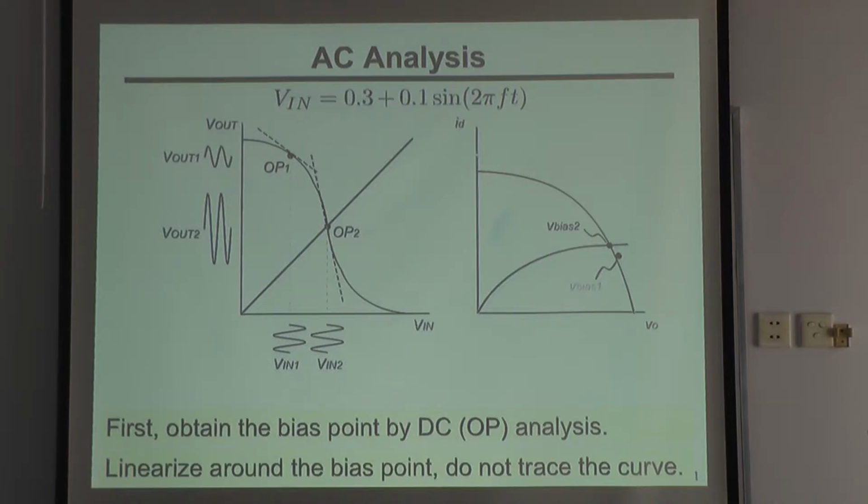So for the AC analysis, first we obtain the bias point by DC analysis, and then linearize the curve around the bias voltage. For AC analysis, it does not trace this curve, but it traces the straight line.